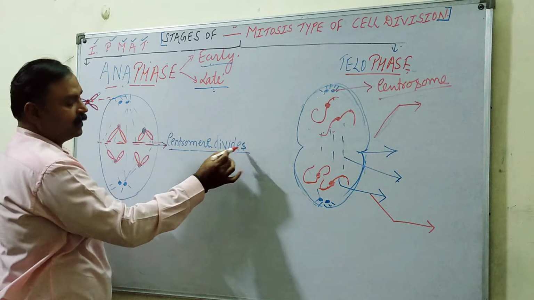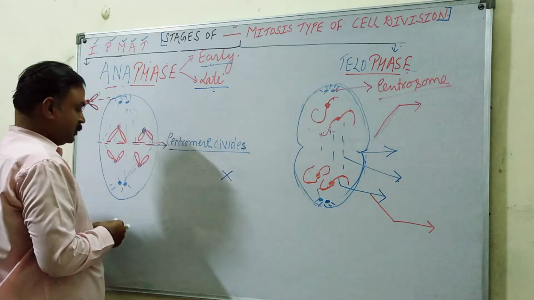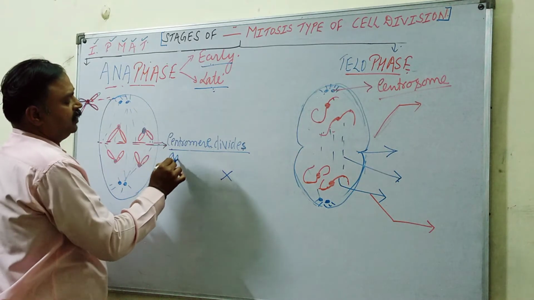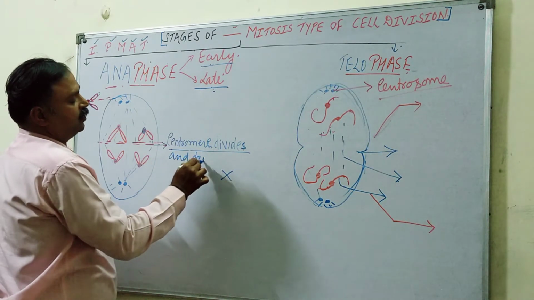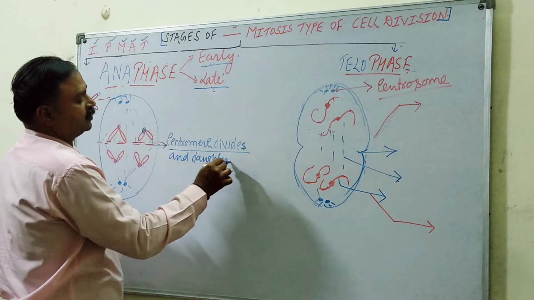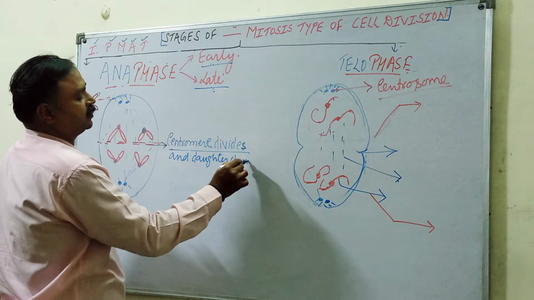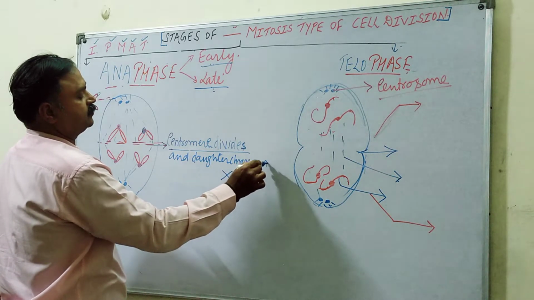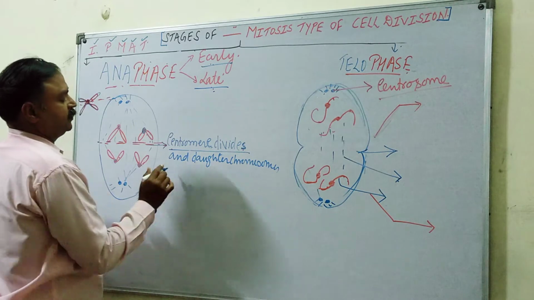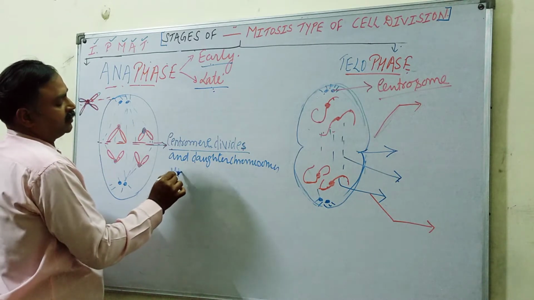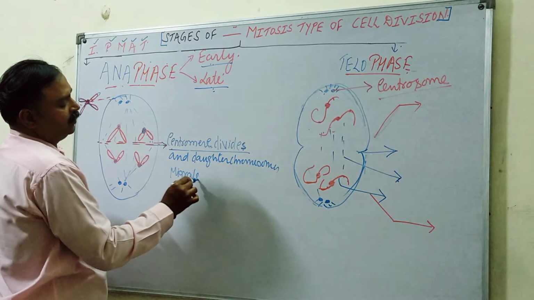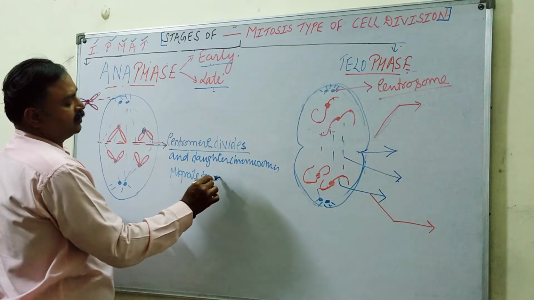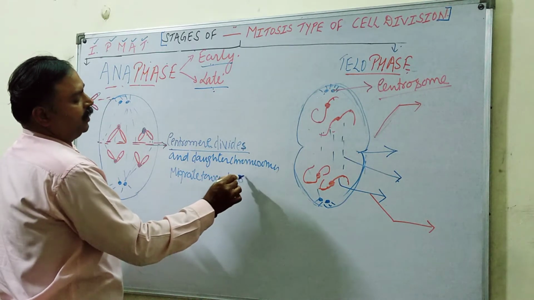Centromere divides and daughter chromosomes migrate towards opposite pole.